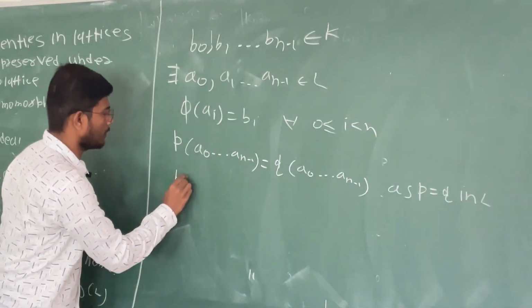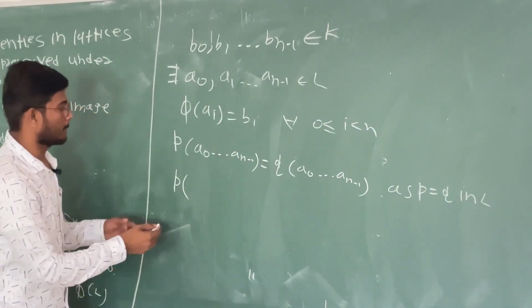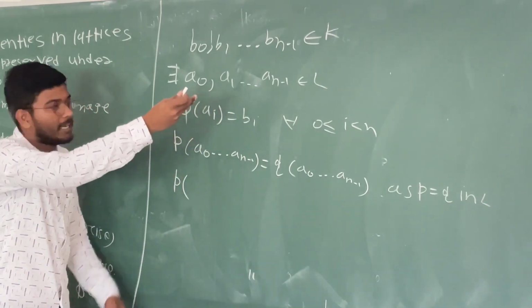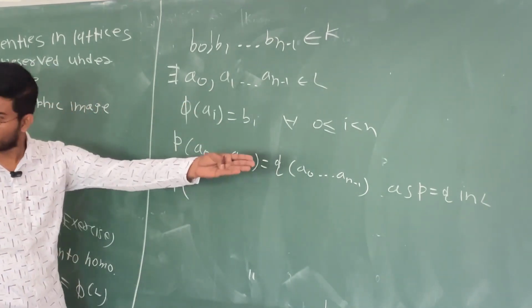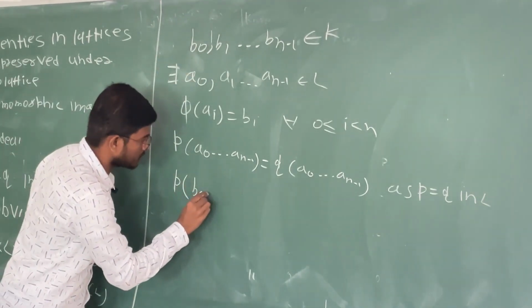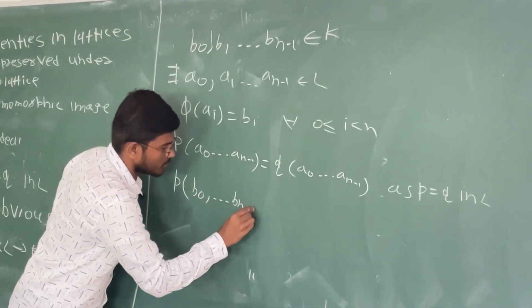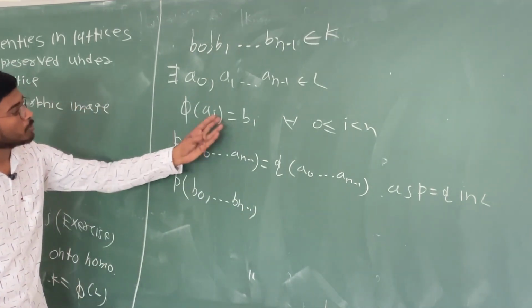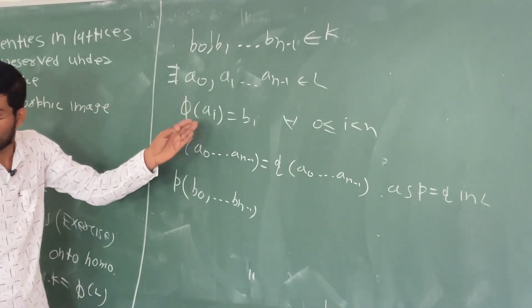Now for this polynomial P, there exist in L elements A, and we are given that P is equal to Q. So now we will take elements from the K. So what we have is that B should be written as a homomorphic image under phi.